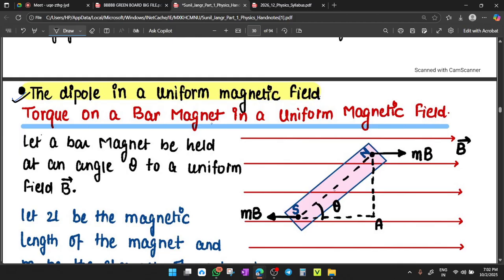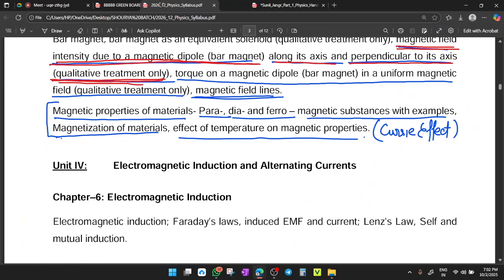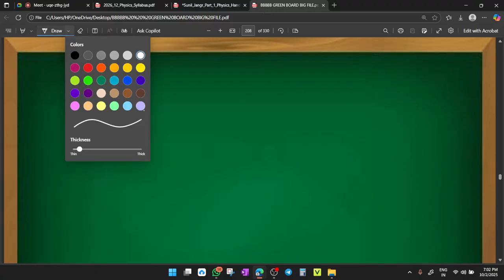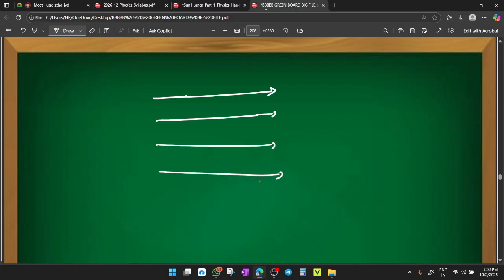When we place a bar magnet in a uniform magnetic field, what happens? Try to understand. This is the uniform magnetic field. In a uniform magnetic field, lines of force are parallel to each other, and the intensity is constant everywhere. So this magnetic field B is uniform.